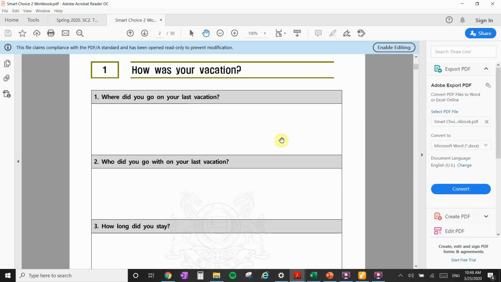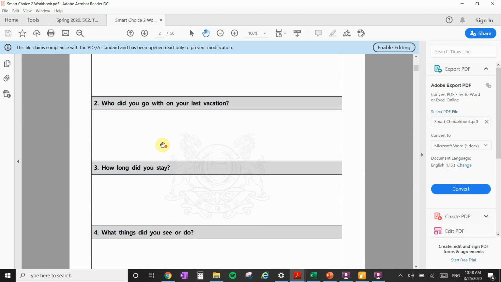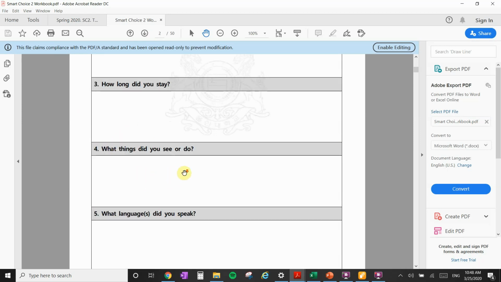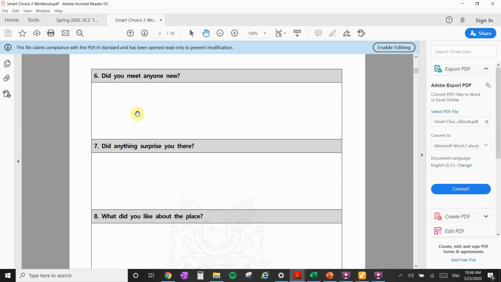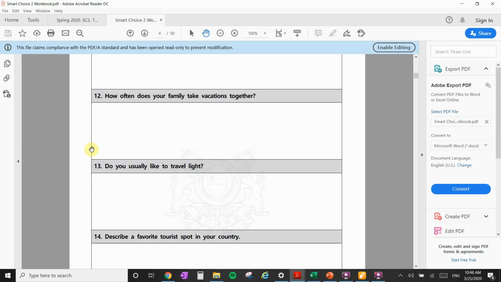But for example, here are some questions in our discussion workbook. Where did you go on your last vacation? Who did you go with? How long did you stay there? What things did you see or do? What languages did you speak? Did anything surprise you? What did you like about that place? It usually has about 20 questions. You can go through here and practice answering these questions.